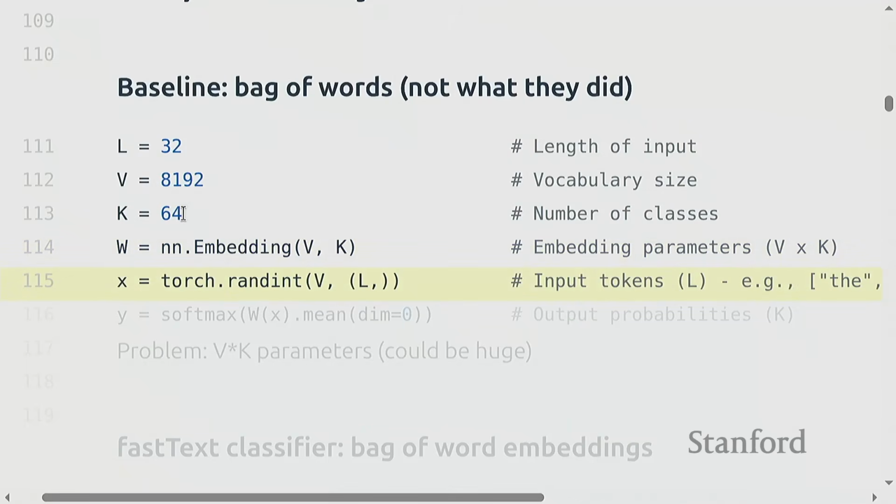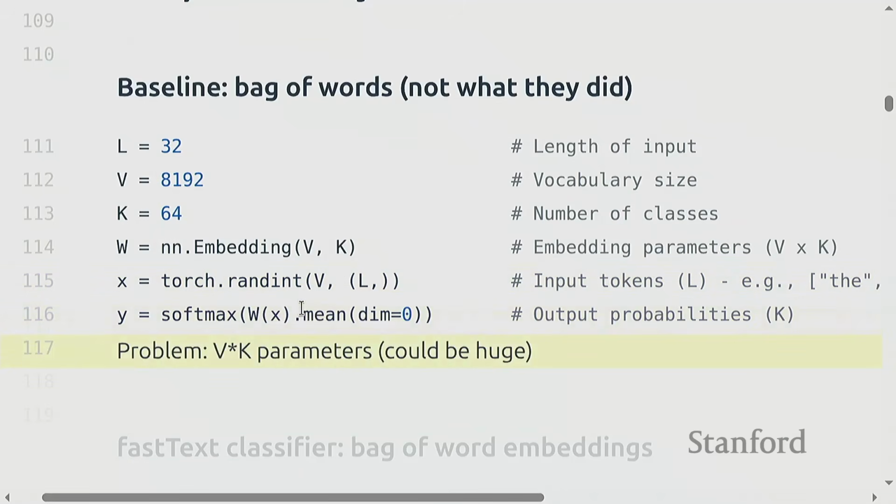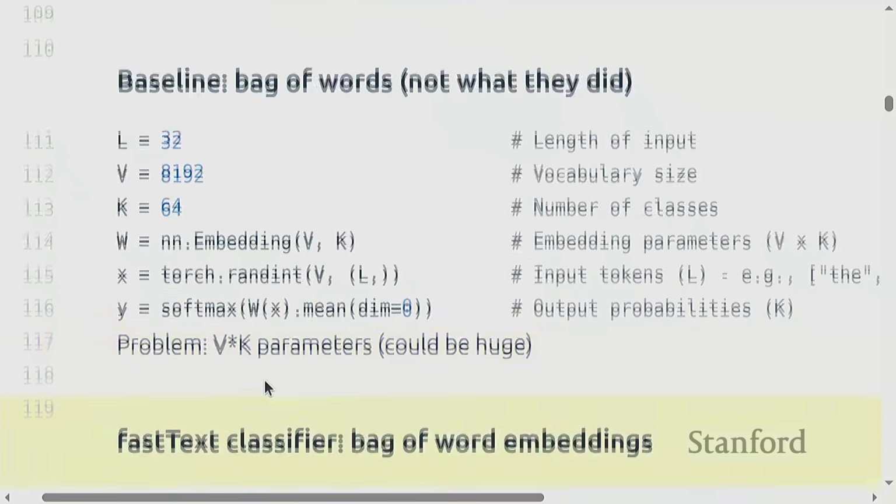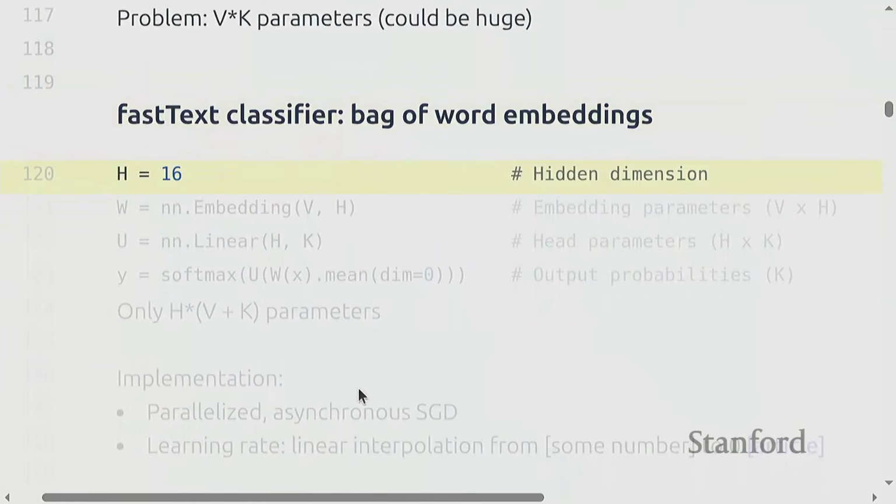The way it would work is that you take your documents, and then you just do linear classification. That's fairly straightforward. The problem is that the number of parameters is huge. So fastText says, let me just do a linear dimensionality reduction. Instead, I'm going to map my vocab space into a hidden dimension H, which is smaller than K, say 16.